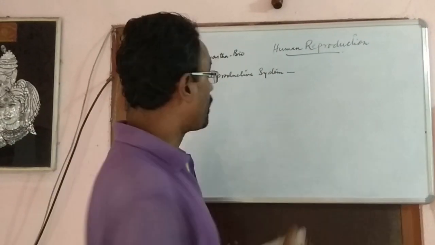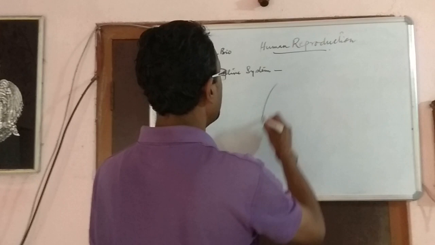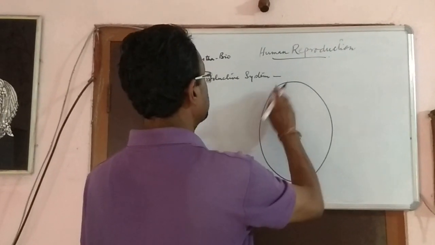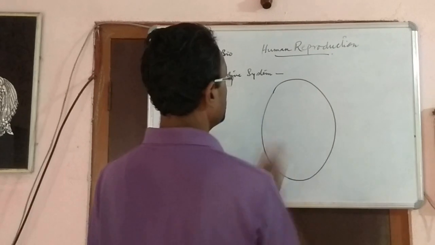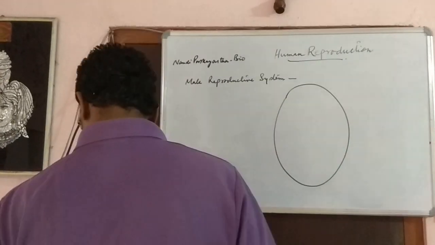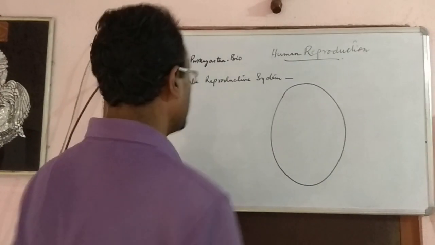So first of all, we'll go for the diagram. This is the testes. Testes is surrounded by 3 layers. These layers are called tunica.